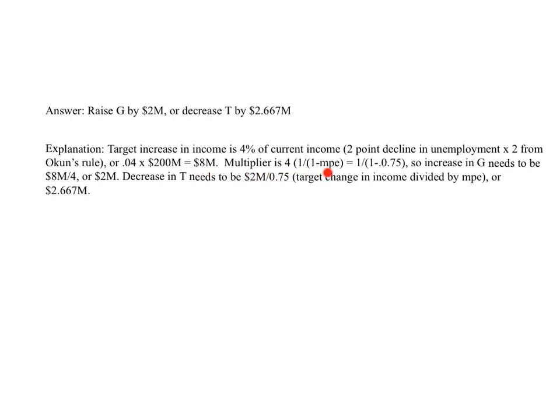Multiplier is 4, 1 over 1 minus the MPE. So the increase in G needs to be that 8 million divided by the multiplier of 4, or 2 million. And the decrease in taxes would need to be that $2 million divided by the MPE 0.75, or $2.667 million. So this completes our explanation of this problem.